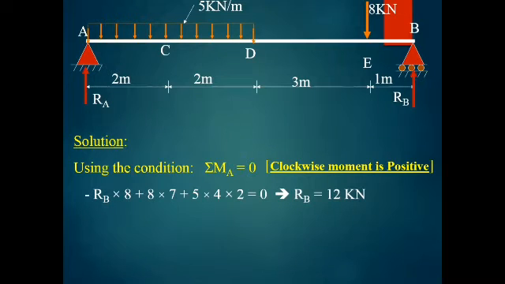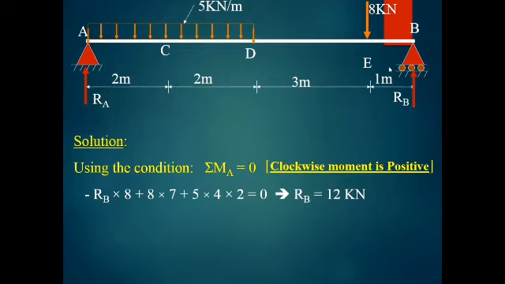So if I take the moments, RB is going up, so if you consider from A, it is going in anti-clockwise direction. So RB multiplied by the distance of RB from A, that is 8.